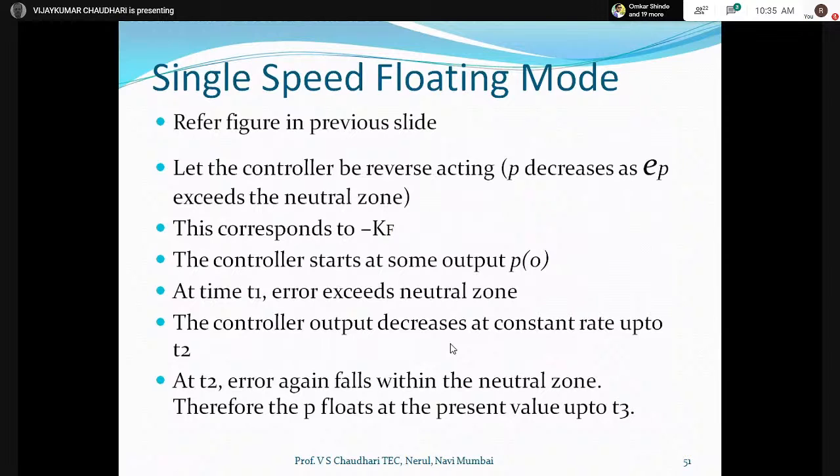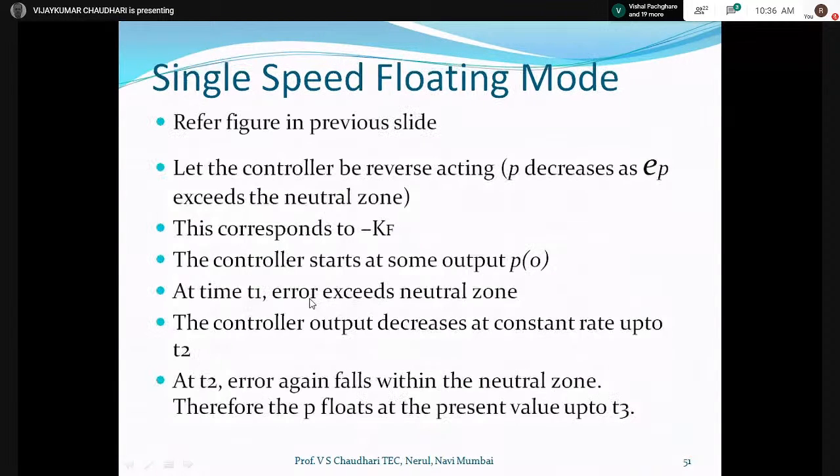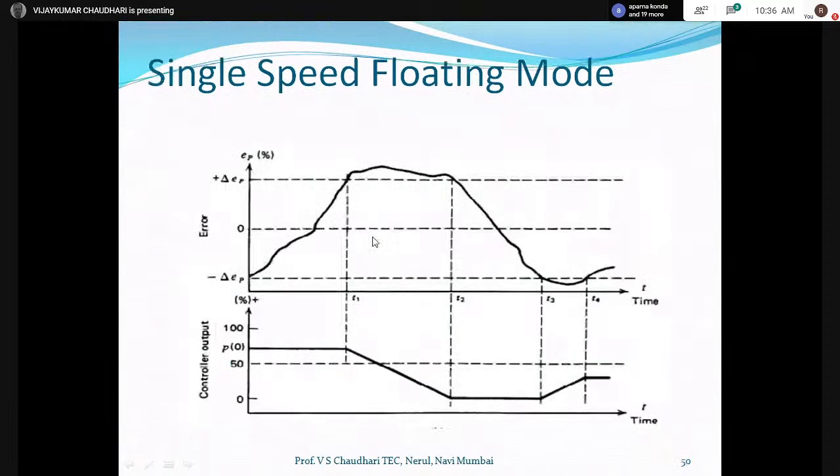So let the controller be reverse acting. P decreases as the error exceeds the neutral zone. This corresponds to minus k. Then dp by dt is equal to minus k, and the controller starts at some output P of 0. Then the explanation I have done. At the time t1, error exceeds the neutral zone here.